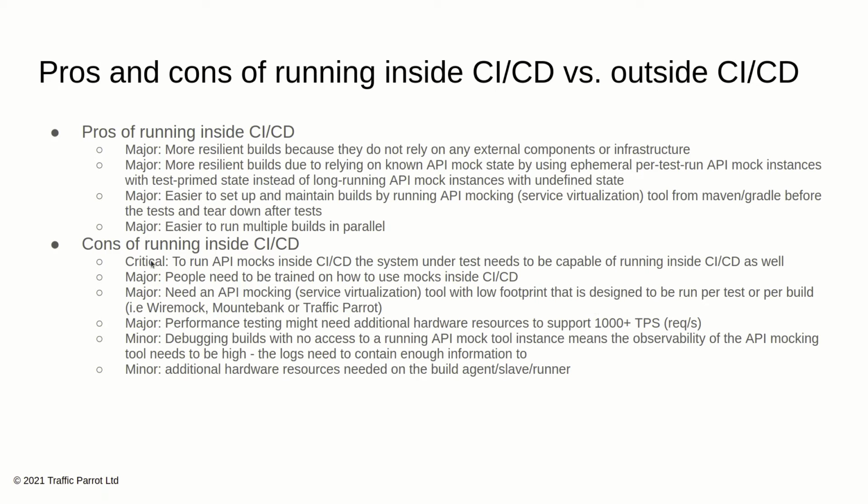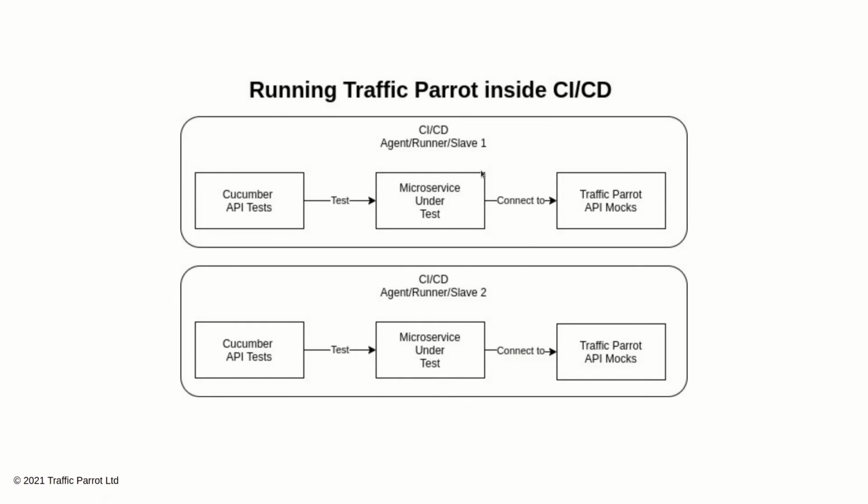So now that we've covered the advantages of running inside CI/CD, what are the disadvantages? Well, first of all, to be able to run those API mocks or virtual services inside CI/CD, the system under test needs to be capable of running inside CI/CD. So in here, our microservice under test is capable of being run inside the build agent, build runner, build slave, GitHub Actions, whatever you use.